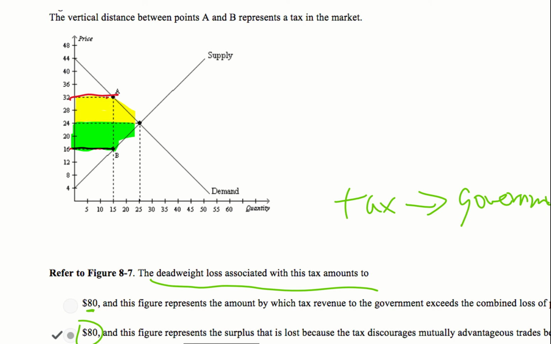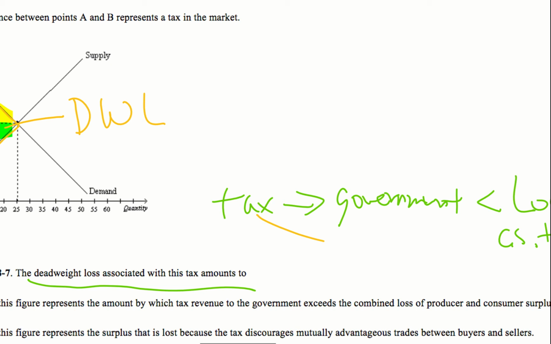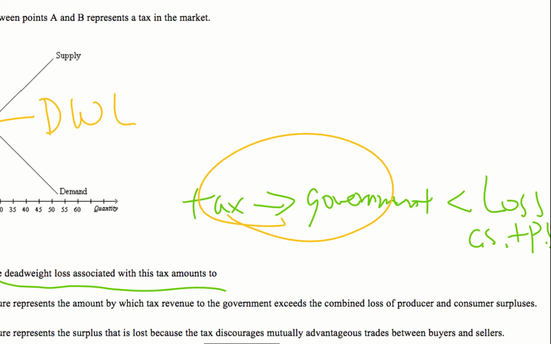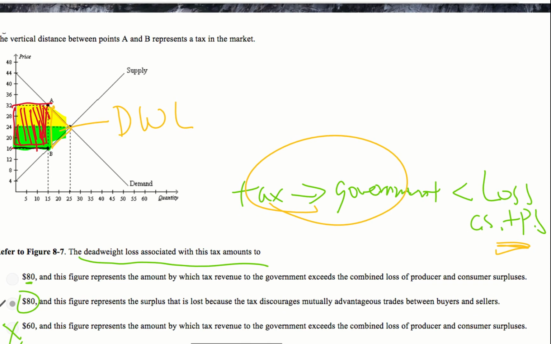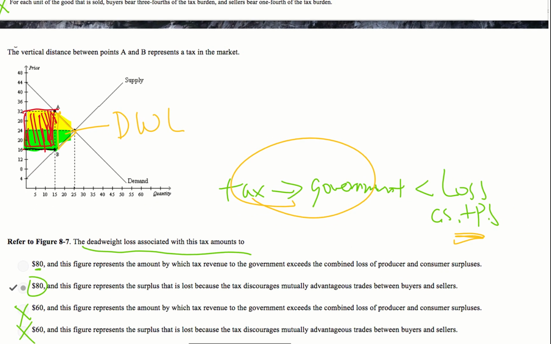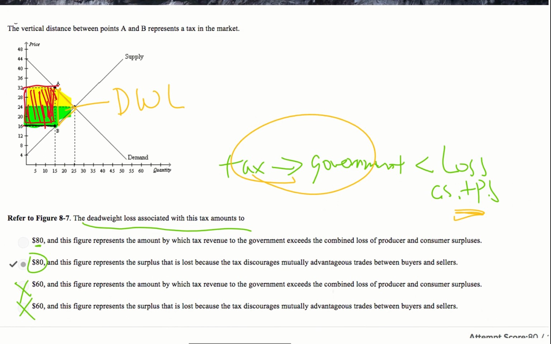So government will recover this area here. That's the government tax revenue. But the little triangle at the end, this is not recovered at all, right? So that's the deadweight loss. So that's why your government tax revenue, how much you recover, is less than the losses of consumer surplus and producer surplus. So that's why A is wrong.